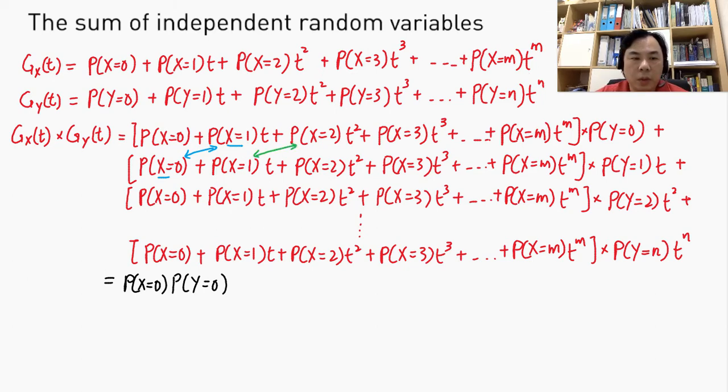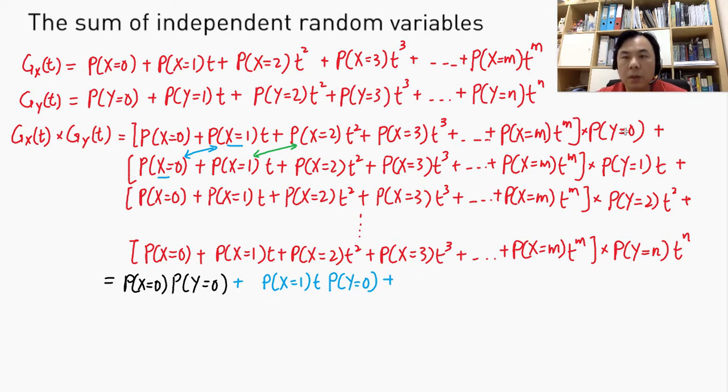Okay, so I'm going to write down the term t first, the term with the t. So I'm going to write this one down as plus. All right. So for t we have Px equal to 1 multiplied with t and then multiplied with Py equal to 0.